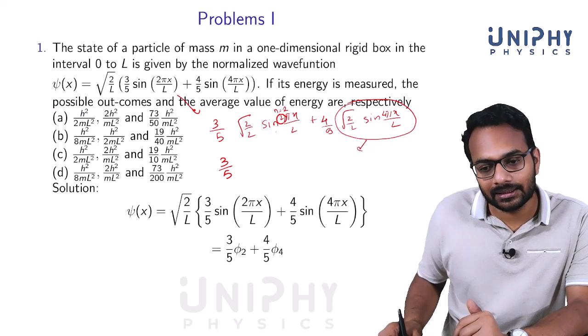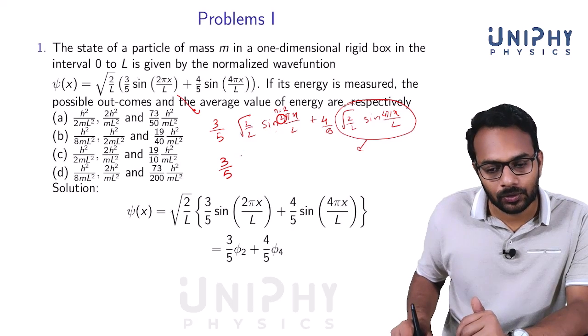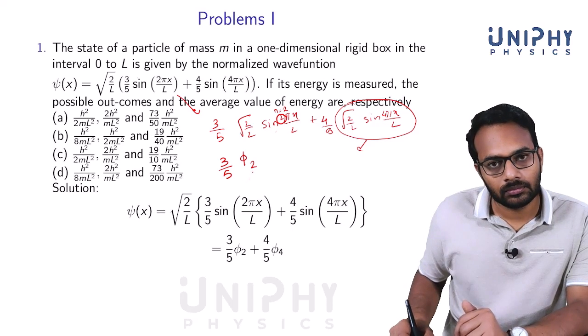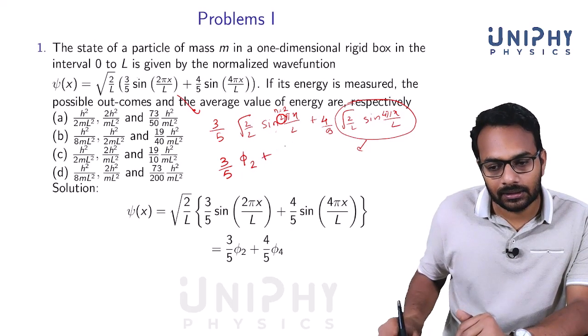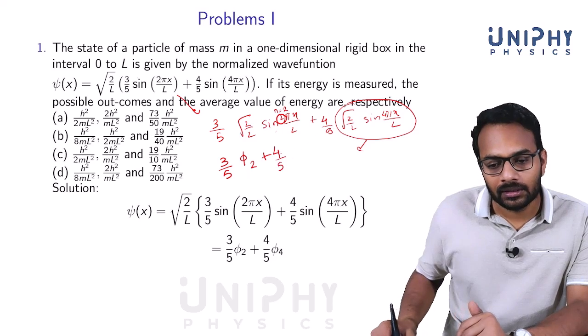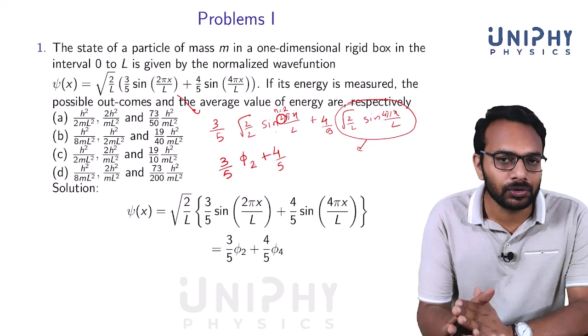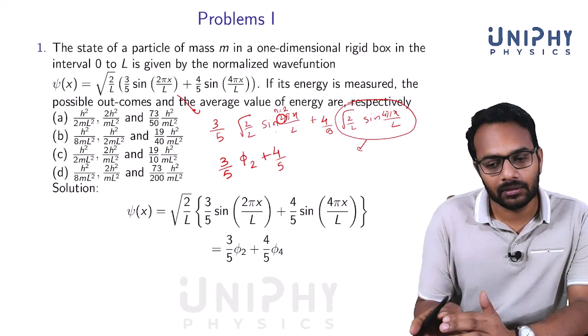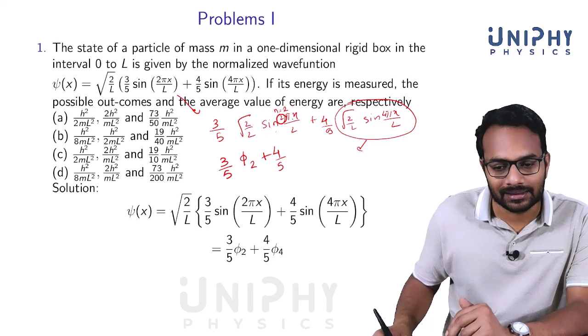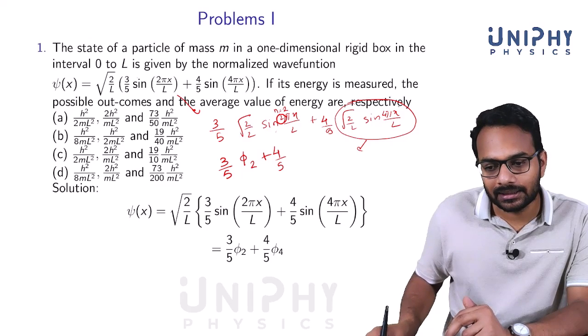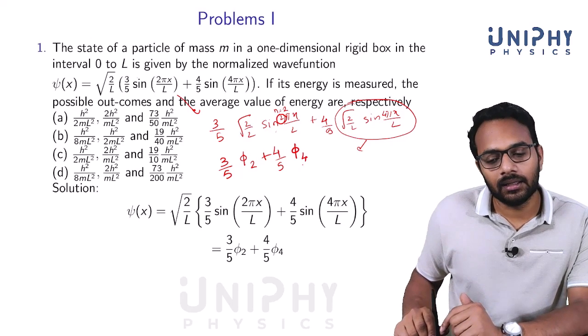Maybe we can simply represent it by phi 2, plus 4 by 5. So by this 2, I am just denoting the n, because if you know the n, you know how to find the energy eigenvalue. All right, so let's not keep writing this sine thing, and this corresponds to n equal to 4, so it's 4 by 5 phi 4.